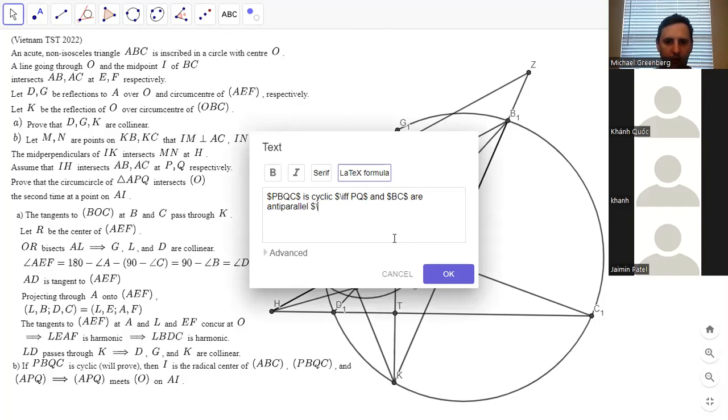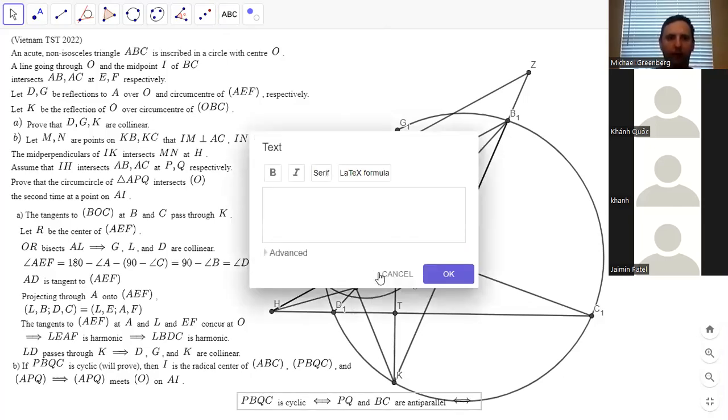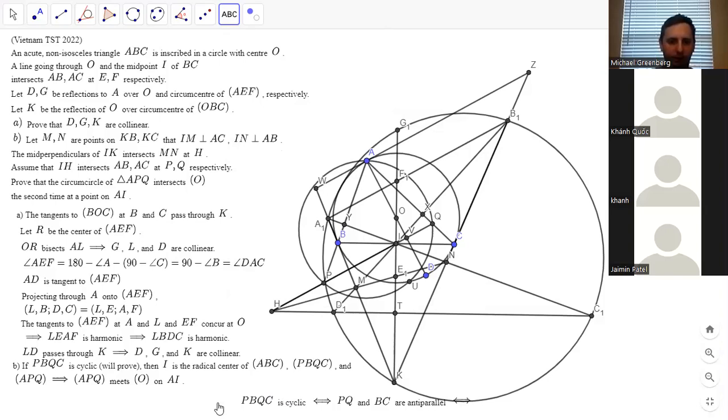And that's the same as saying that PQ is perpendicular to AB, which is the same as saying IH is perpendicular to AB.